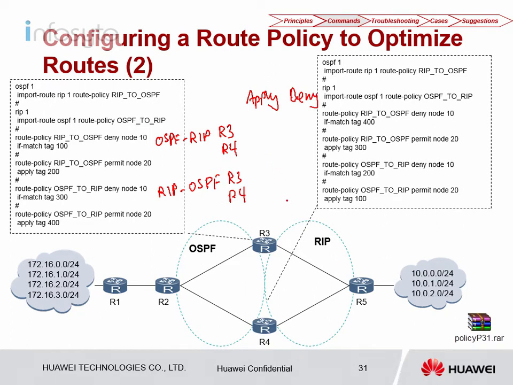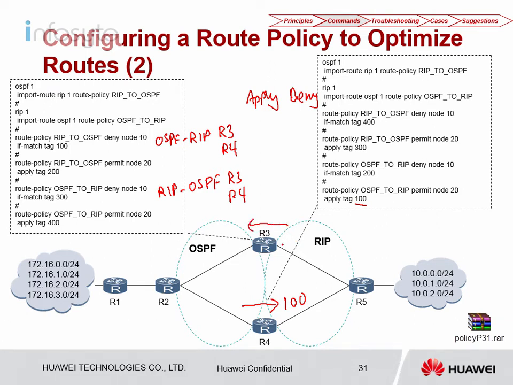Now firstly, when we do the OSPF to RIP importing the route, we are going to apply a tag of 100. So anything that I import from the OSPF using R4 will have a tag of 100. This tag will be carried to R5, and R5 is going to send to R3.